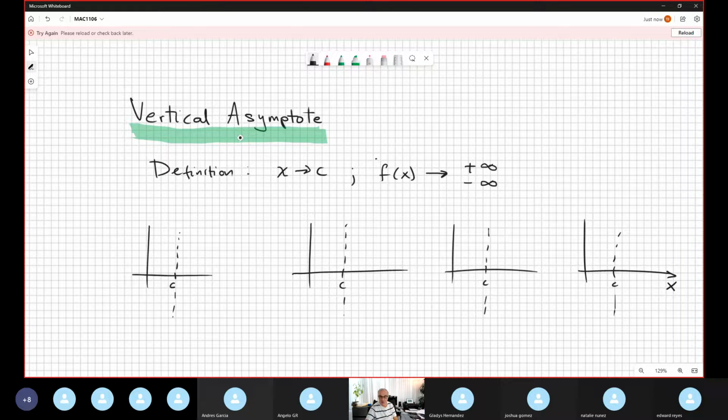And this is my famous x-axis, y-axis. For example, you have that situation. In this case, infinity happens, positive or negative.